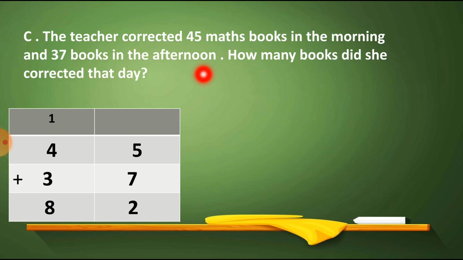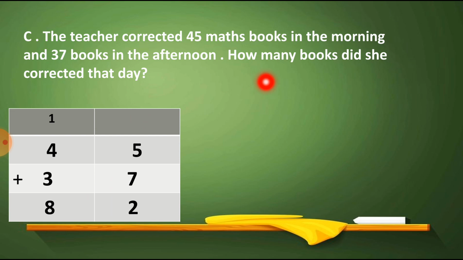So here I found two digits. As I told you, just try to find some information in digits. So I write down number 45 here and then 37.